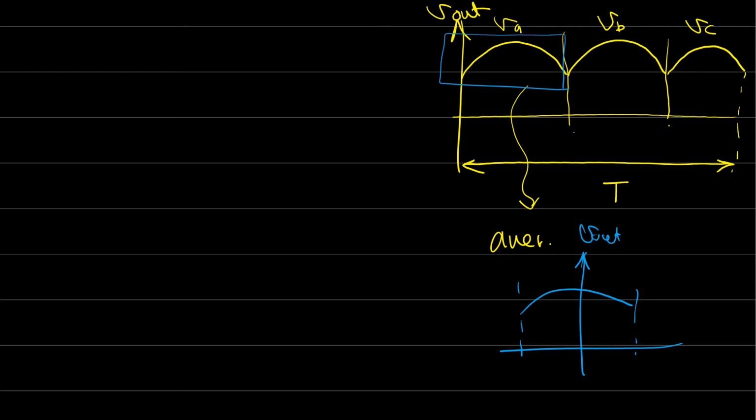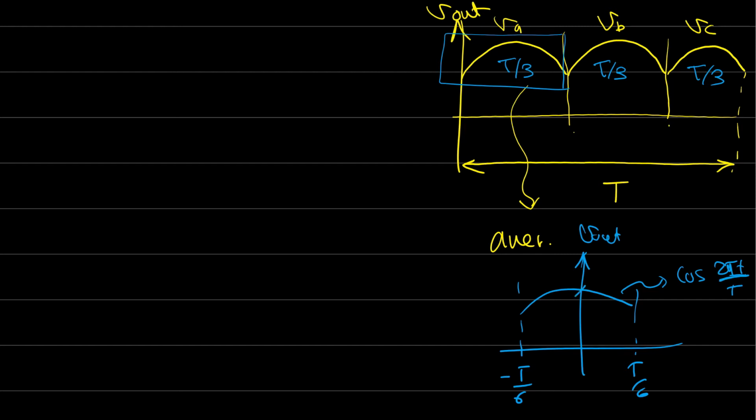Now this period is how much? T over 3, and this is T over 3, and this is T over 3. And this absolute will be how much? Minus T over 6 to T over 6, and this is cosine 2 pi t over T. Why cosine?